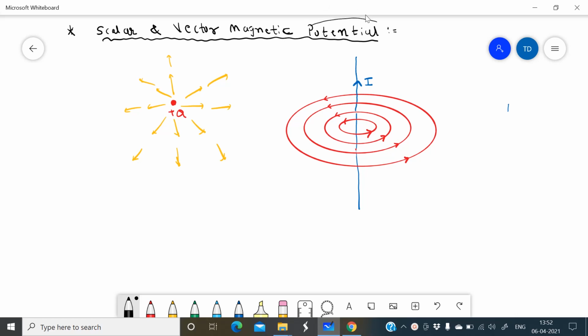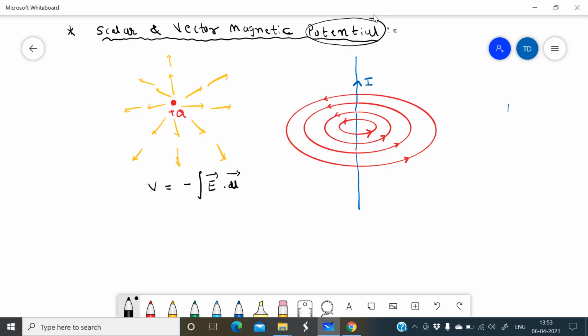Now let us discuss the potential. In the case of electric potential, we define it in this way. V, which is known as electric potential, is minus integration E dot dl. We have already studied this one.